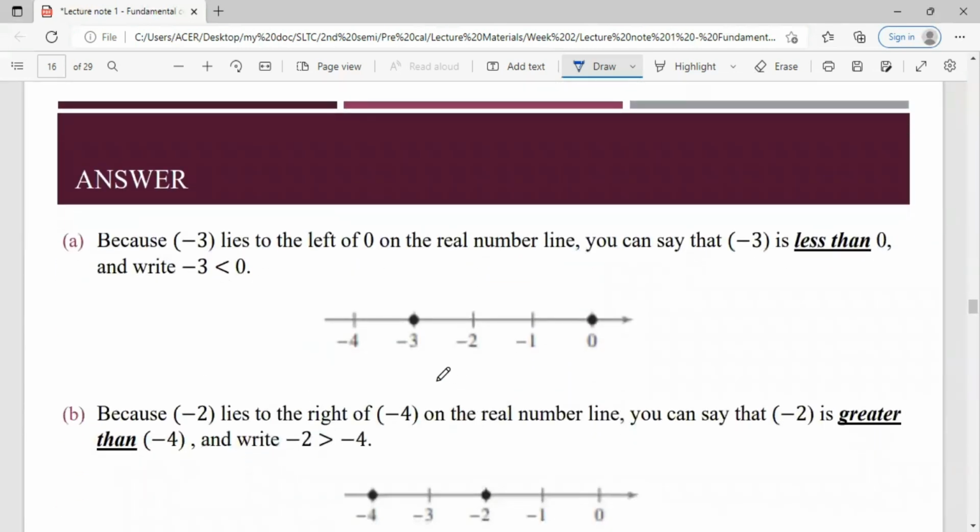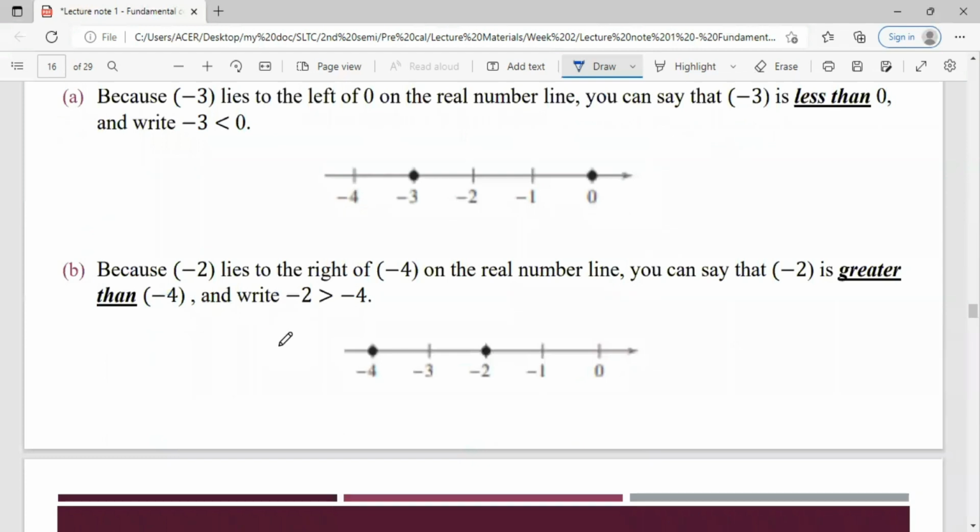Here you can see the answers, right? Here, minus 3 lies to the left of 0 on the real number line. So we can say minus 3 is less than 0, and we can write minus 3 less than 0. Similarly, minus 2 lies to the right of minus 4 on the real number line.